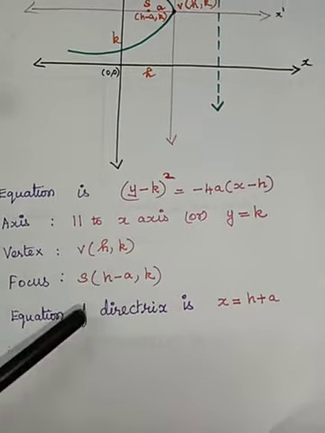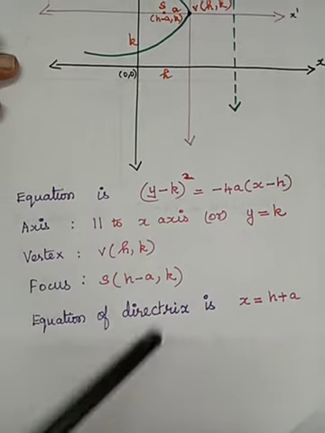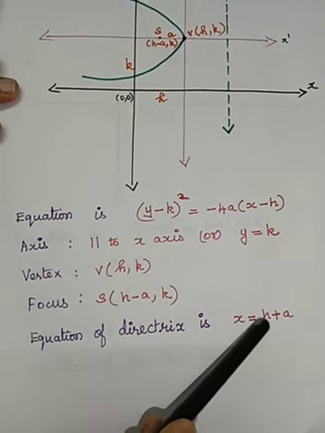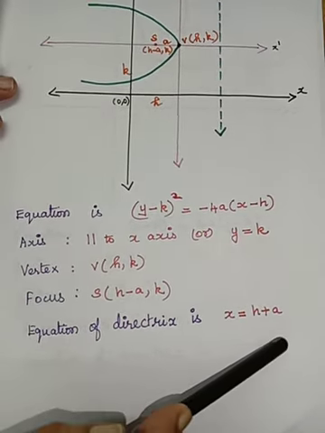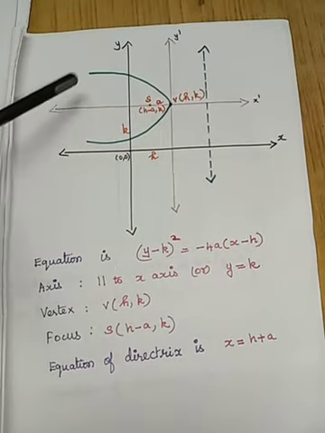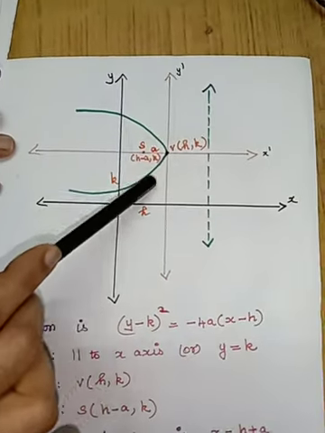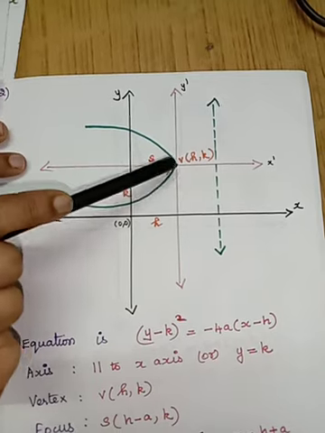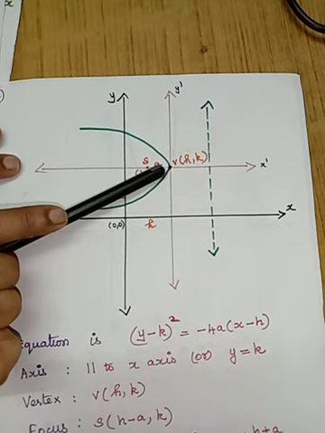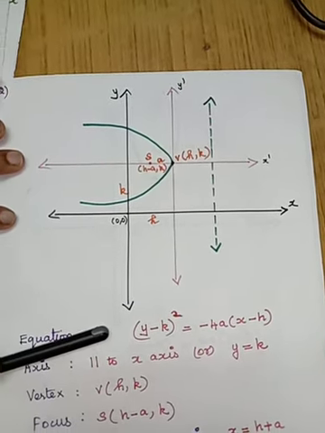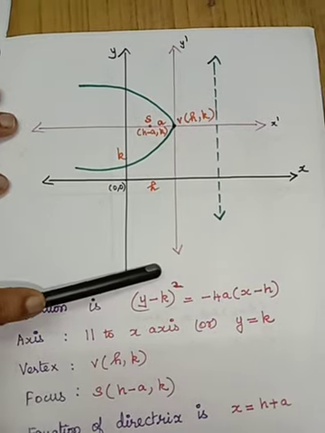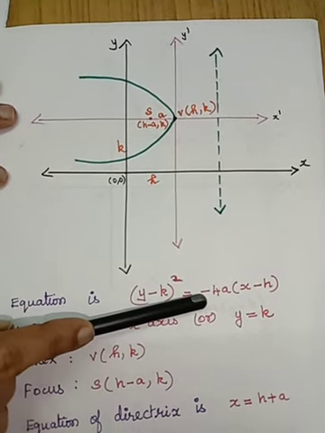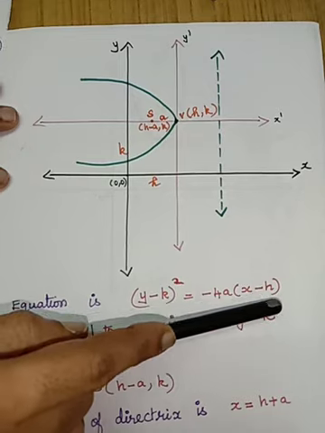Clear? So the directrix will be opposite, so x is equal to h plus a. See now, the parabola which opens leftward with vertex h comma k has the equation y minus k the whole squared is equal to minus 4a into x minus h.